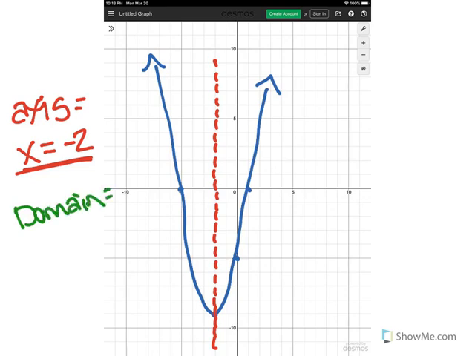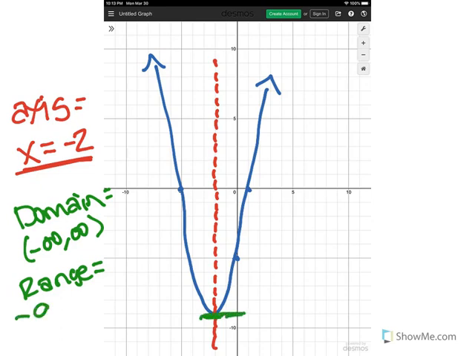Now your domain for all of these parabolas is going to be from negative infinity to positive infinity. And then your range is going to be where you started on the y-axis, which is negative 9, and it's going up. So that would be to positive infinity. And you see I put a bracket on negative 9 because that's a closed-in circle.